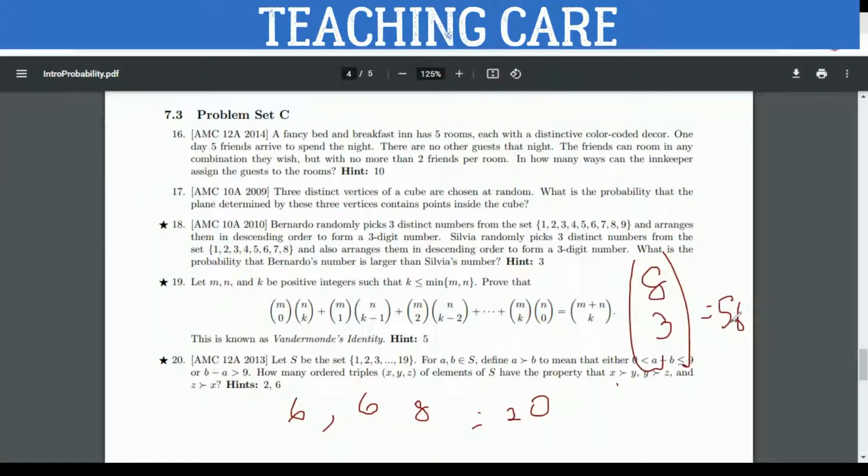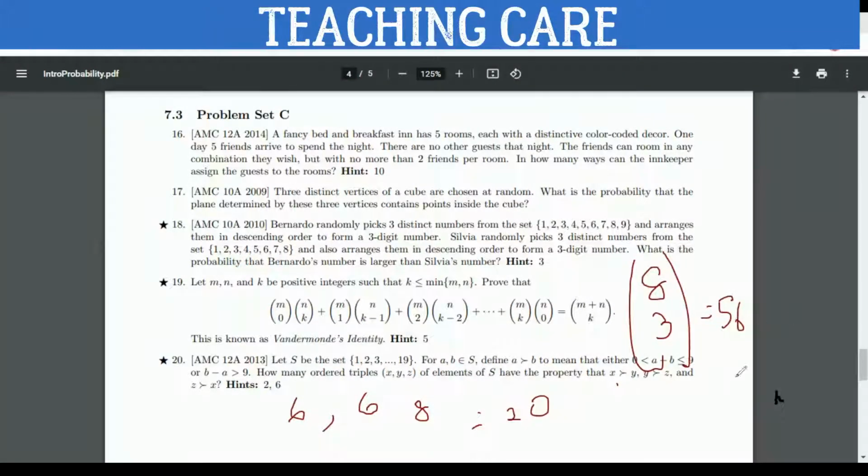Now we have to select 3 points so that they cannot be on the surface. That's the condition given in the question. So how many ways can you choose 3 points from the vertices of a single face?